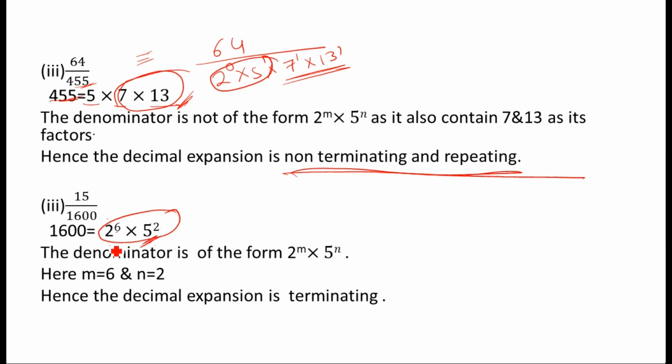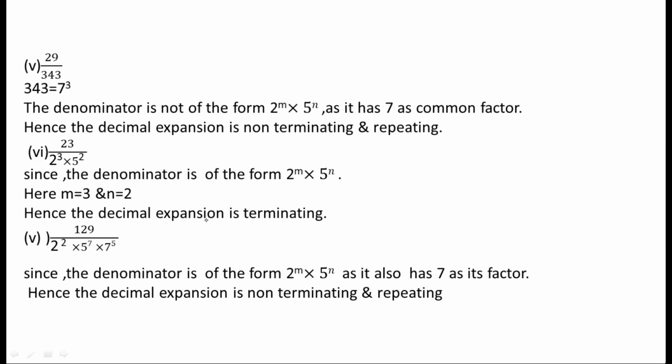It only contains 2 and 5 in its prime factorization. Therefore, we can write it as 15 upon 2 raised to the power 6 cross 5 raised to the power 2. It contains only 2 and 5 in its denominator. Therefore, it is a terminating decimal expansion.